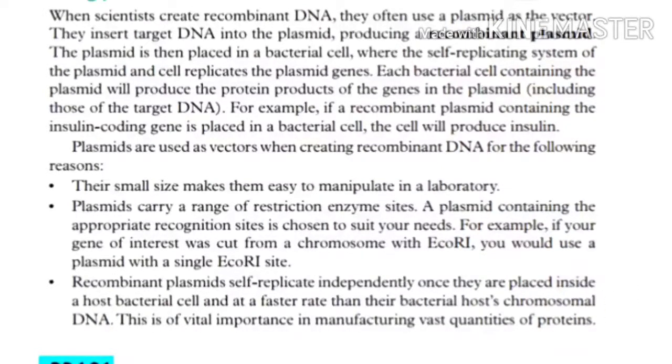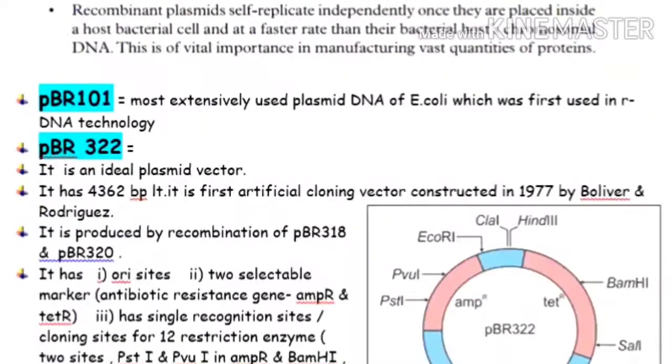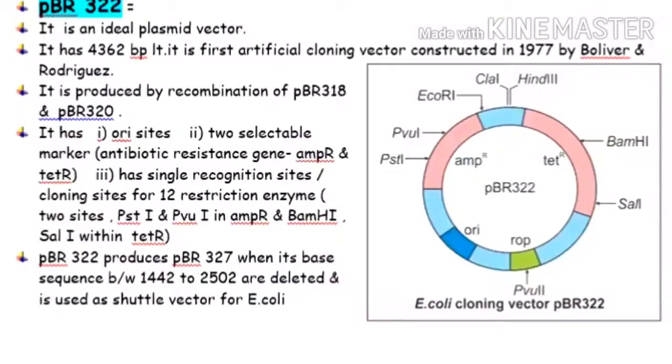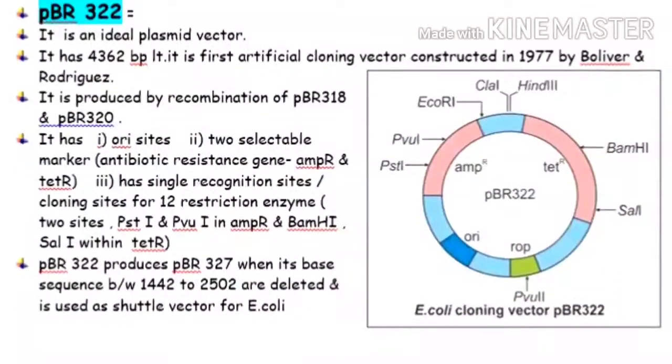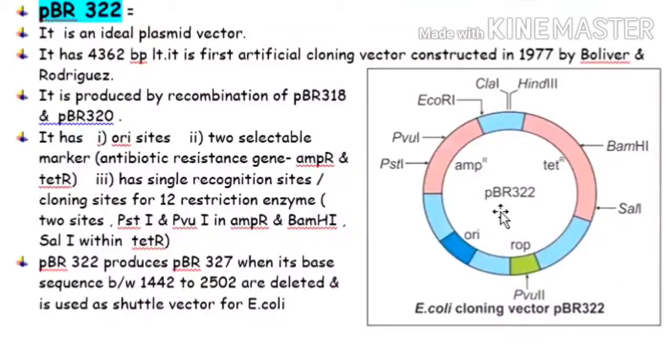Now see one thing, this is a diagram given in your NCERT. This is your pBR322. Why do we call it pBR322? P stands for plasmid, B is the name of the scientist Bolivar, and R is Rodriguez. These two scientists, Bolivar and Rodriguez, prepared this plasmid, and that is why we say pBR, and they gave it the number 322.